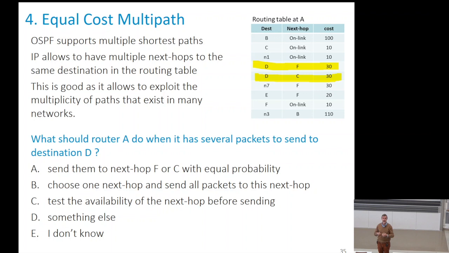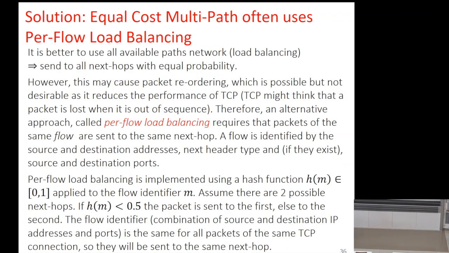The reordering heuristics that we have found might fail, or if we use the reordering window, it will have to compute a large reordering window, so it will have a harder time detecting whether a packet is lost or not. Because of this reason, we try to do something a bit better. In order to improve the performance of TCP, what has evolved over the years is the idea of doing something a bit smarter, which is called per flow load balancing.